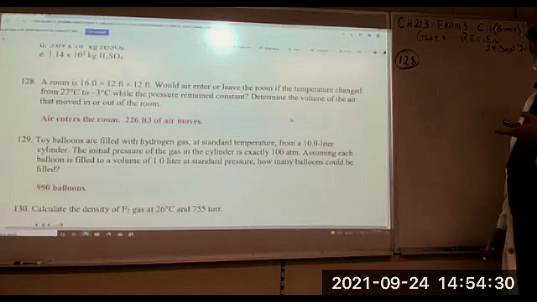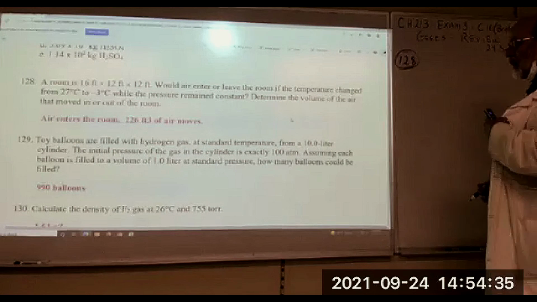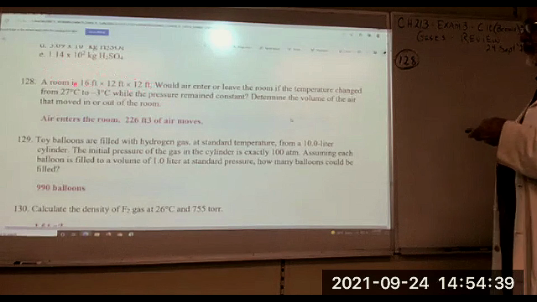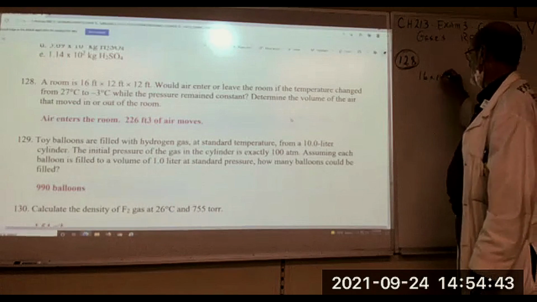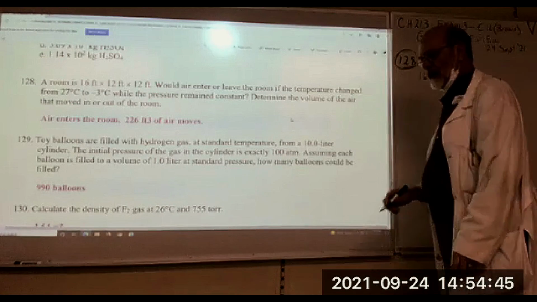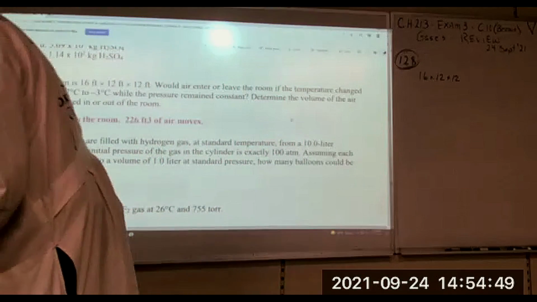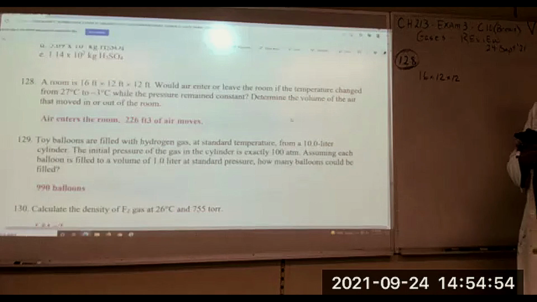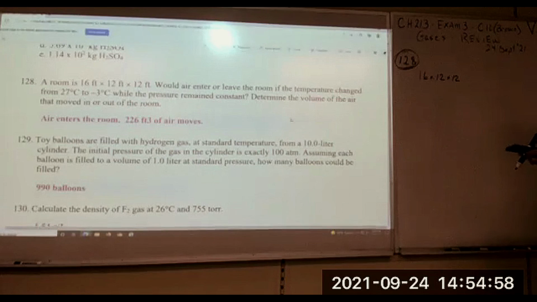Now we want to find out how much moves into the room. First, we need to know the volume of the room. So 16 times 12 times 12. I'll actually do some calculations on this one. I know 12 times 12 is 144, correct? 12 squared. And then 16 times that.